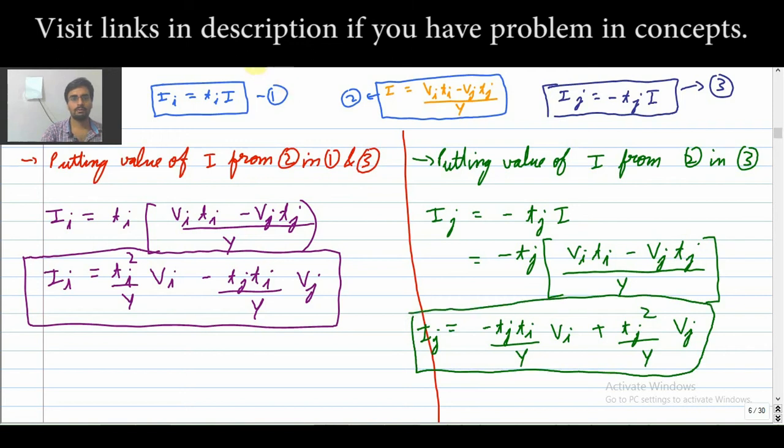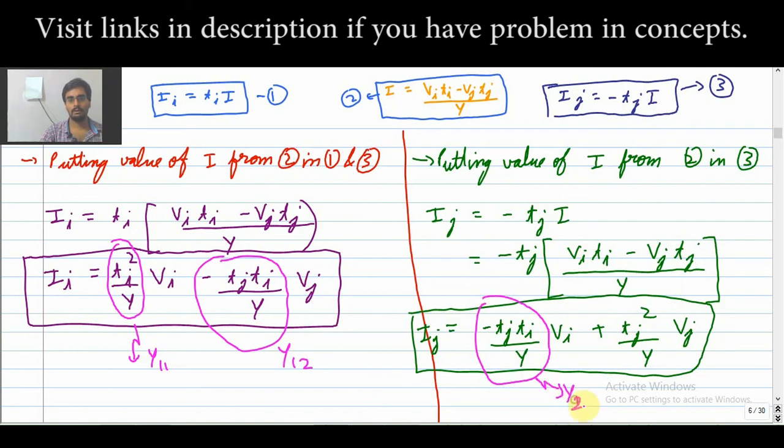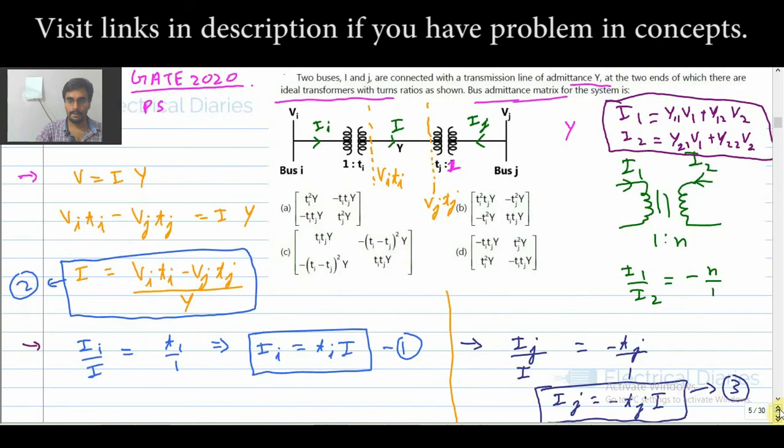I hope you know that this is your y11, this is your y12, this is your y21, this is your y22. Let us see which option is matching.